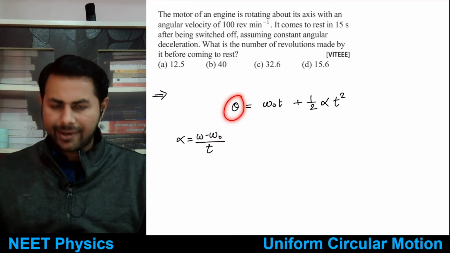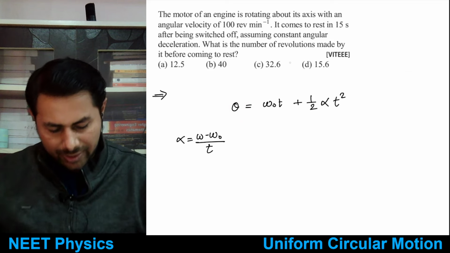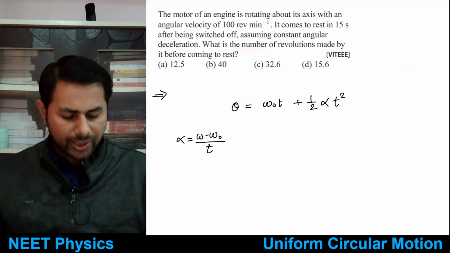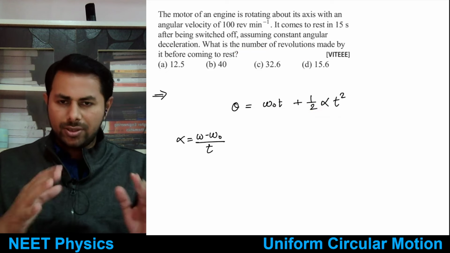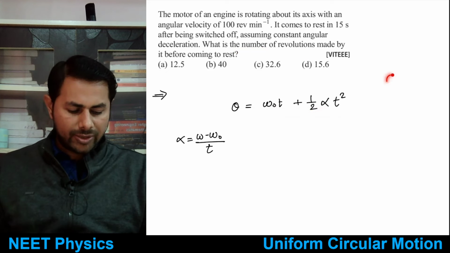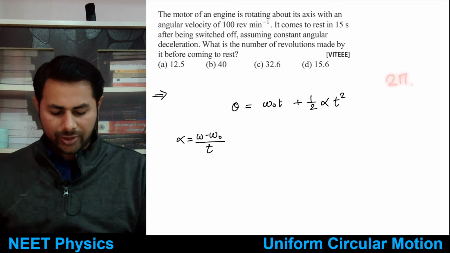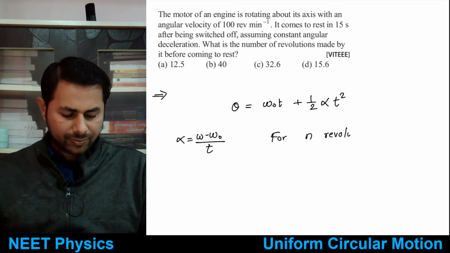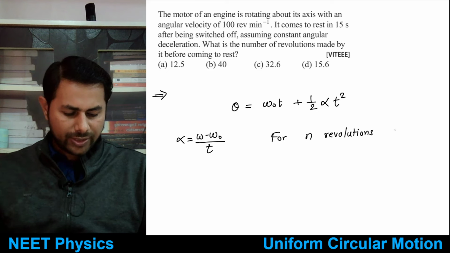And what is the number of revolutions? Okay, so we'll get the angle. In one revolution the angle covered is 2 pi. For n revolutions, you can say that angle theta is equal to what?